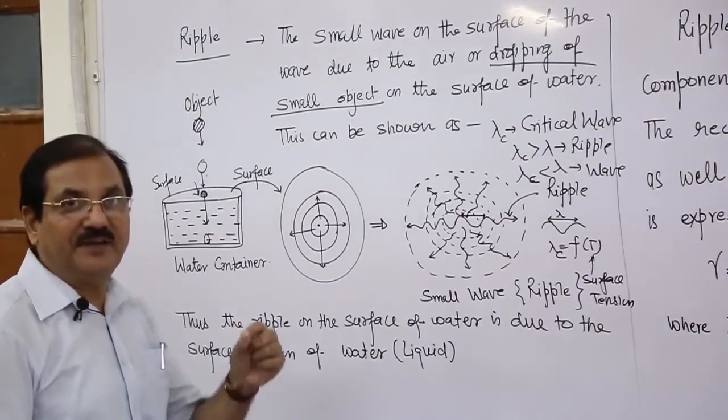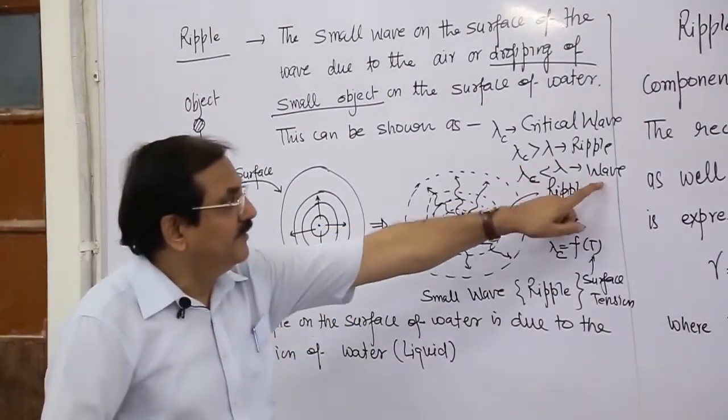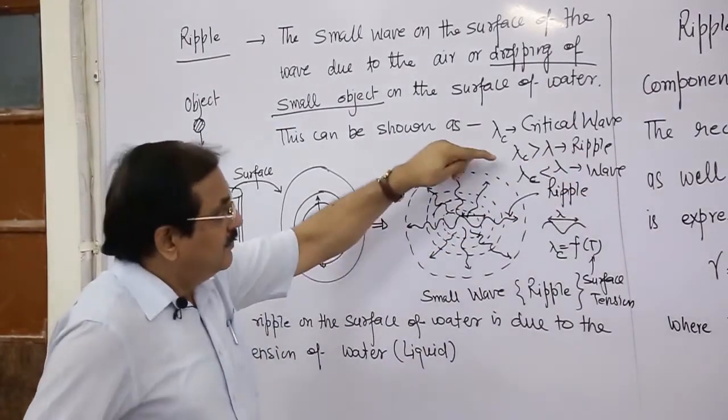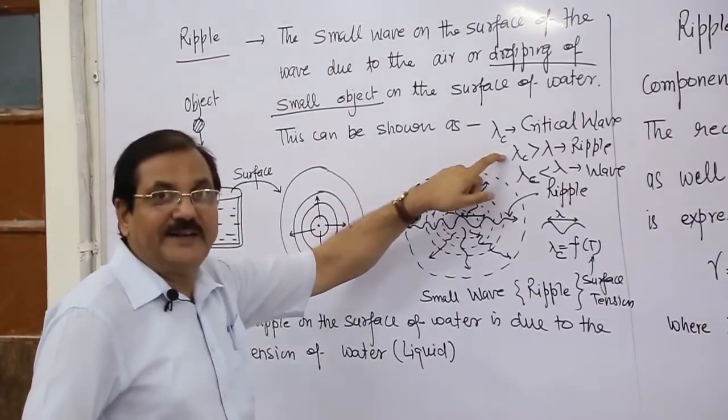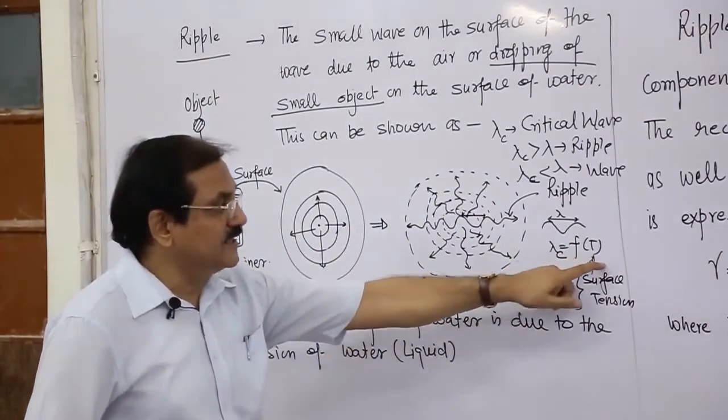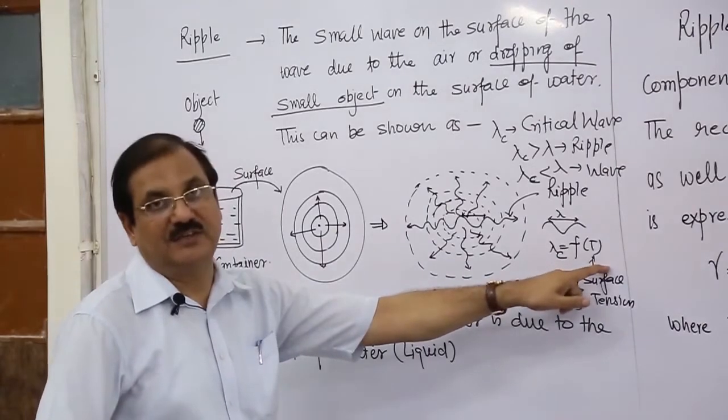So, the difference between wave and ripple is based on the critical value of wavelength. This critical value is a function of the surface tension of the liquid.